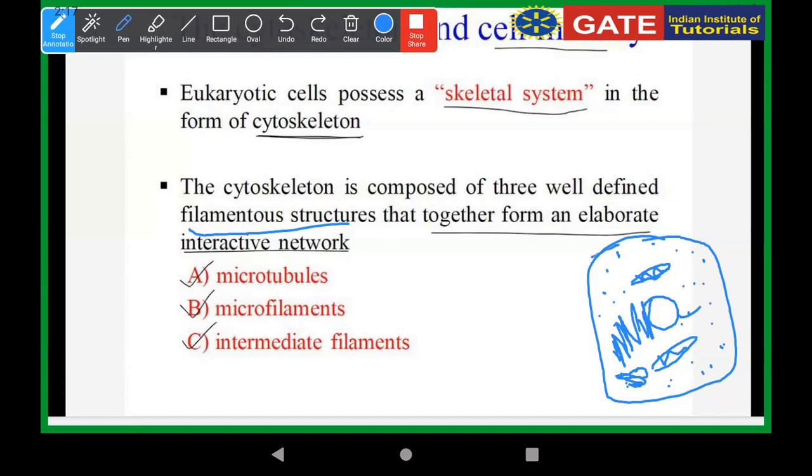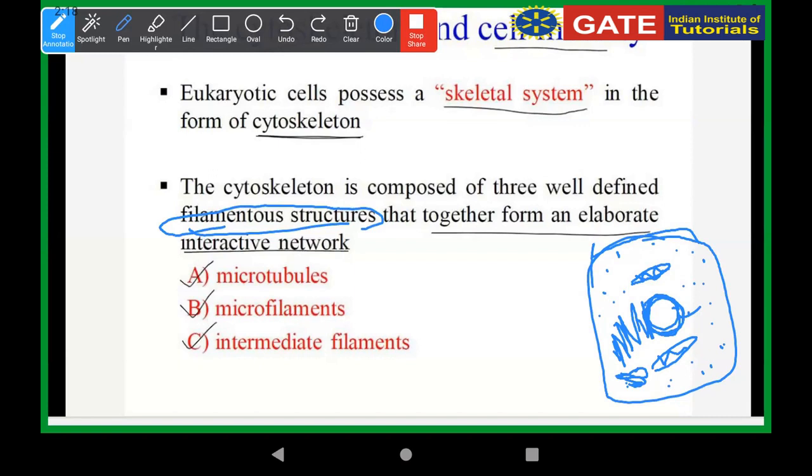And the shape of the cell, the support of the cell, and the position of the cell organelles are given by the cytoskeletal filamentous structures. These cytoskeletal filamentous structures are of 3 types.